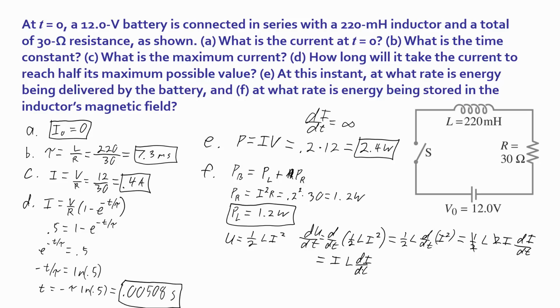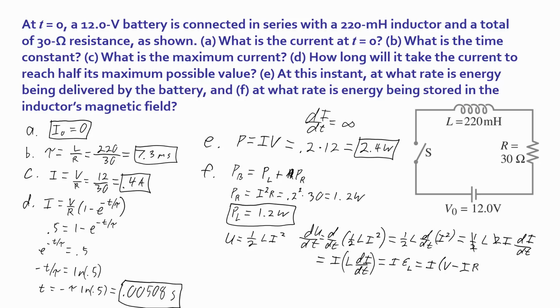I switched the i and the L to be suggestive here because L di/dt is the EMF of the inductor. I'll put E sub L. And we can use Kirchhoff's voltage rule. I think I said current rule earlier in the previous video when I should have said voltage loop. But anyway, we know that that is going to equal the battery voltage minus the voltage drop across the resistor, right?